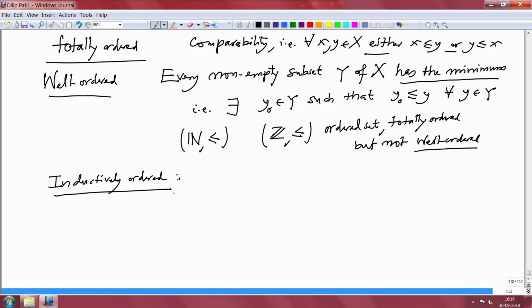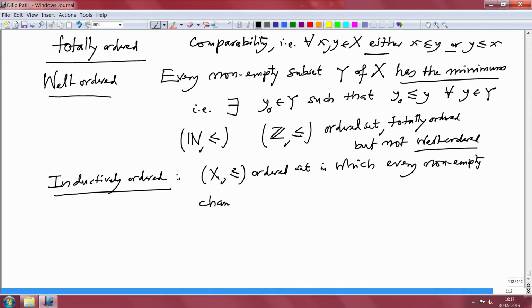That means an ordered set X in which every non-empty chain Y has an upper bound, then you call that set to be inductively ordered.